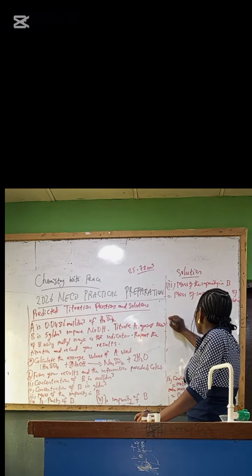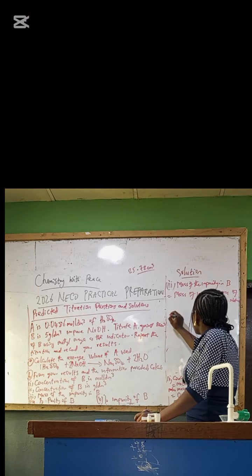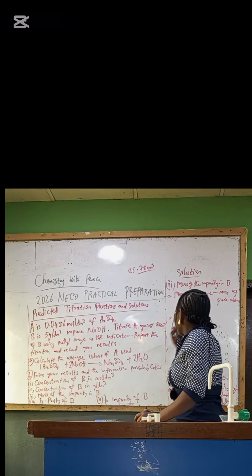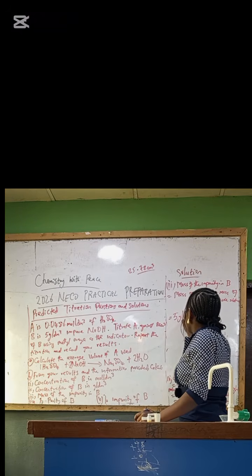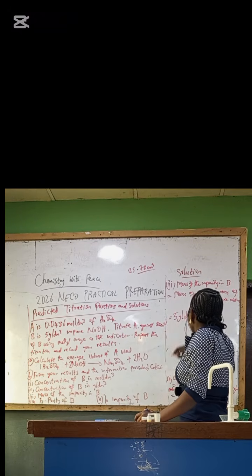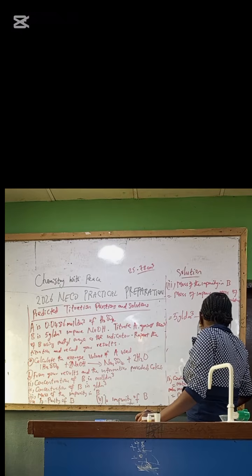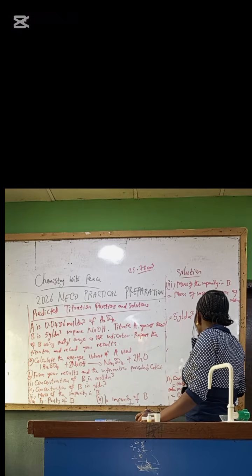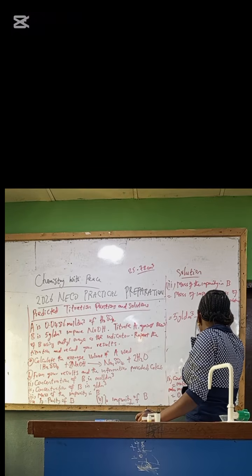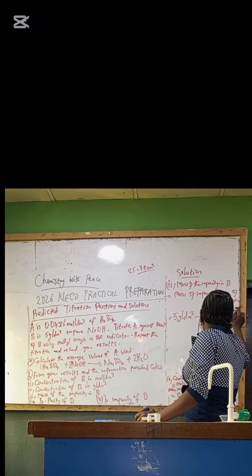And with that we are going to have: mass of the impure substance is 5 grams per dm cube, minus the mass of the pure substance, which is 3.988 grams per dm cube.